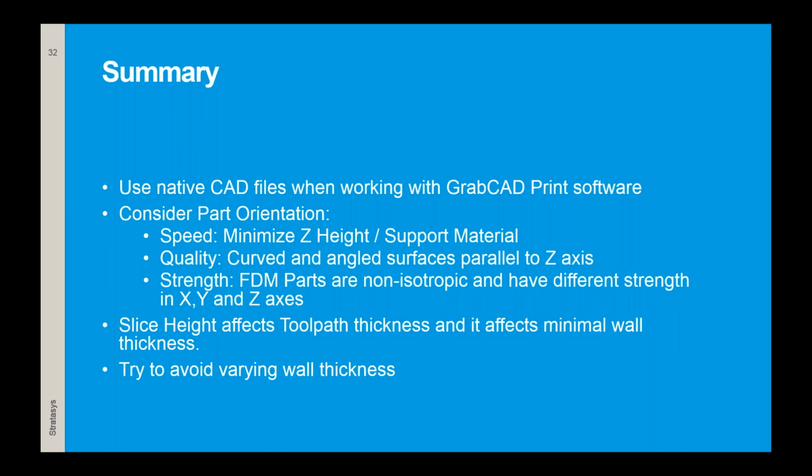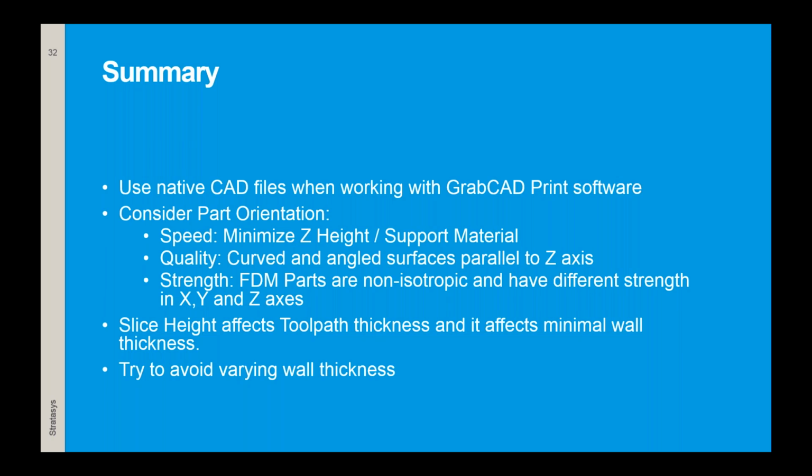So minimize the height and support material for the speed. Print curved and angled surfaces parallel to the z-axis to get better quality. And FDM parts are non-isotropic, which means you have different strength in the X, Y, and Z axes. Slice height affects toolpath thickness, and the toolpath thickness affects minimal wall thickness.